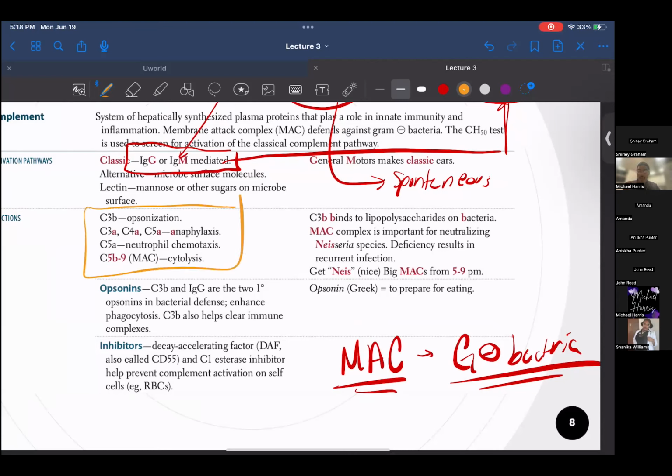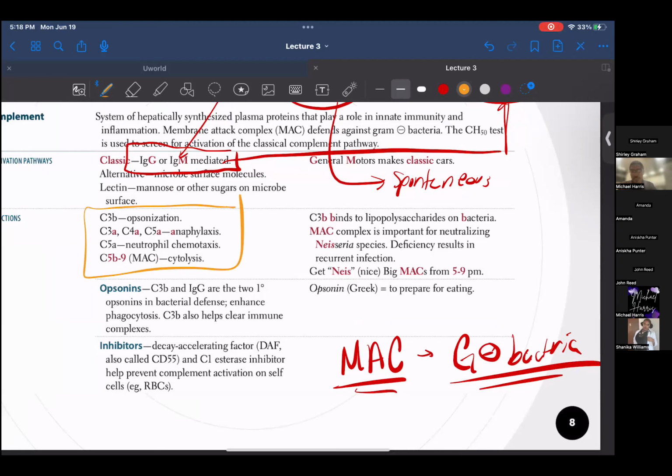You need some kind of way to deactivate it, because just like in the immune system, when we talked about activation of T cells and activation of B cells, it's a huge positive loop. Th1 release interferon gamma that then further produces Th1.